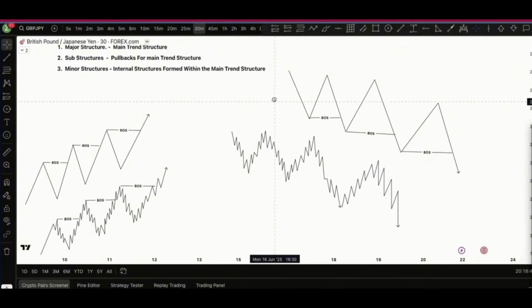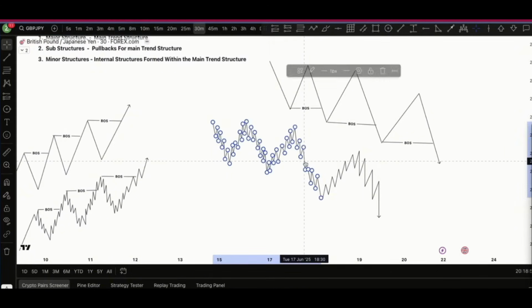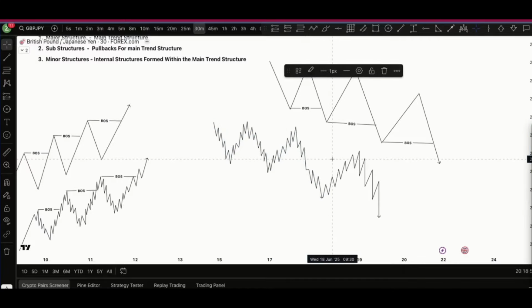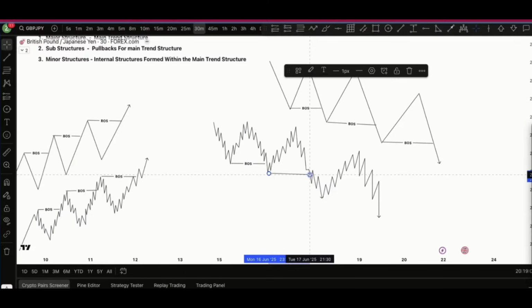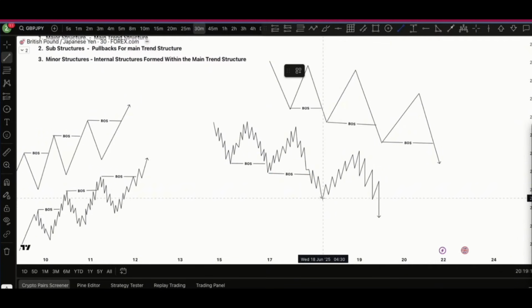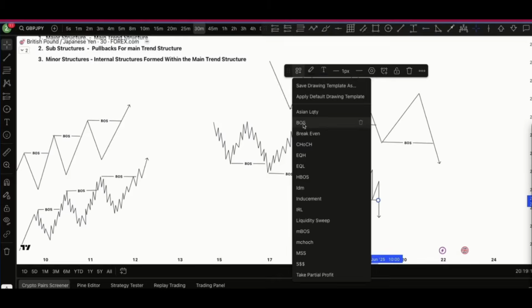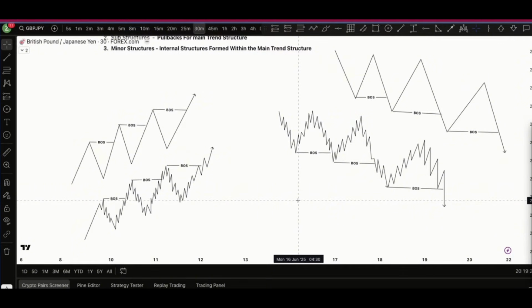All right. So now this basic market structure also has this form within it. So we have this break of structure here, and then another break of structure, then another break of structure. Okay, so this is what happens on the advanced market structure.